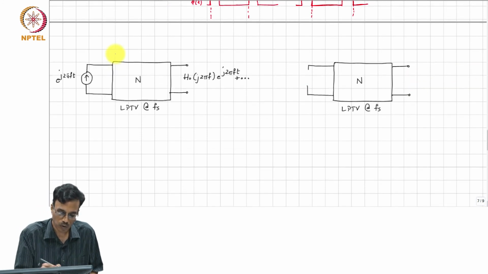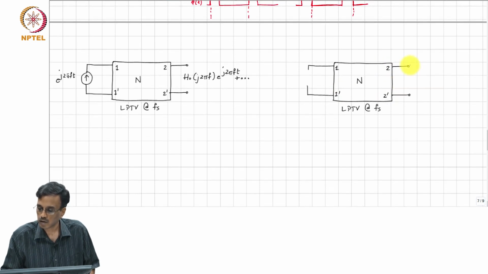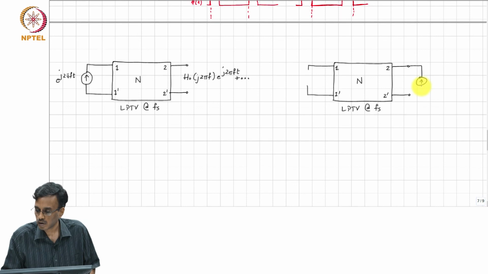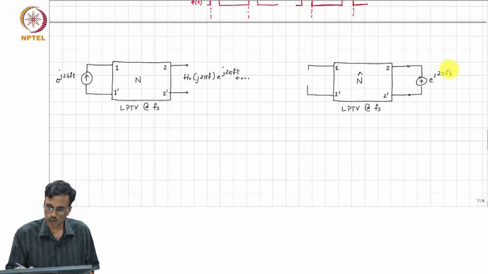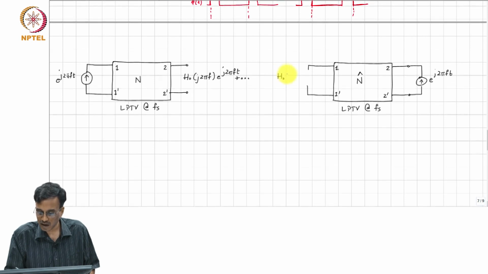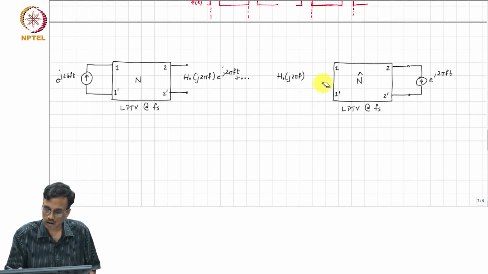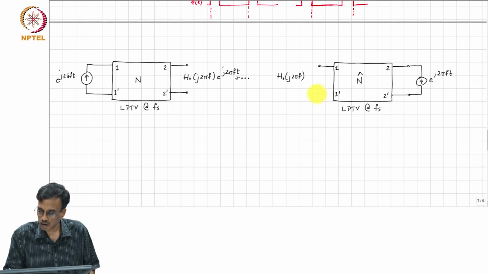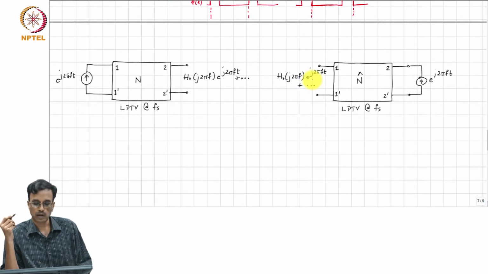So, this is 1, 1 prime, 2, 2 prime. You excite the second port of the adjoint with e to the j 2 pi f t, and what you will get is the same h 0 of j 2 pi f times e to the j 2 pi f t plus a whole bunch of other terms, right.